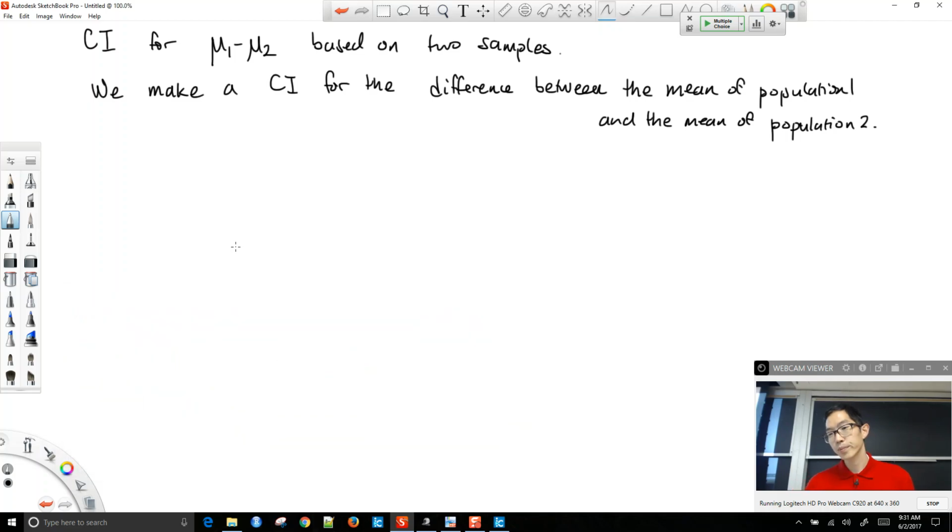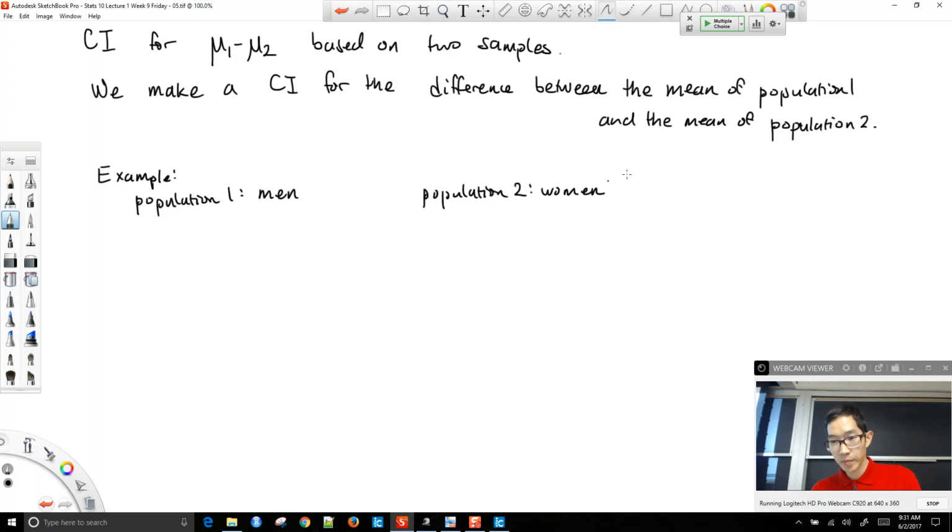Okay, and so just for example, just to kind of imagine what this confidence interval should look like, let's say we are looking at the heights of men and the heights of women, okay? And so we'll just say population 1 will be men, and population 2 will be women, okay?